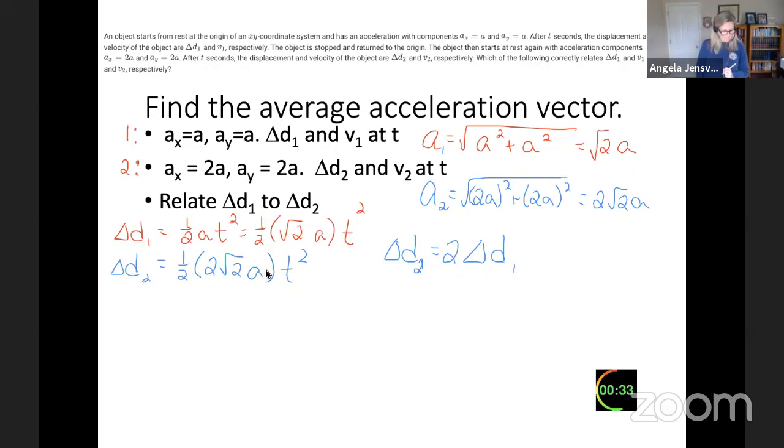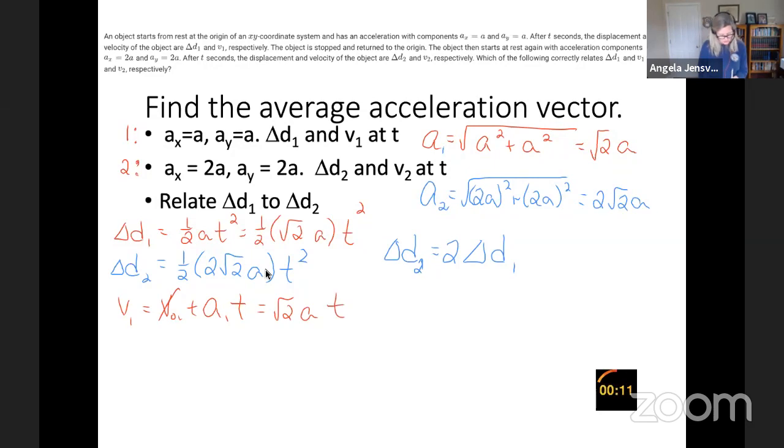Okay, now we want to relate their velocities. Okay, let's give it a shot. v1 would equal v01 plus a1 t. But v0 is 0, right? It starts at rest. So a1 is the square root of 2 a t.